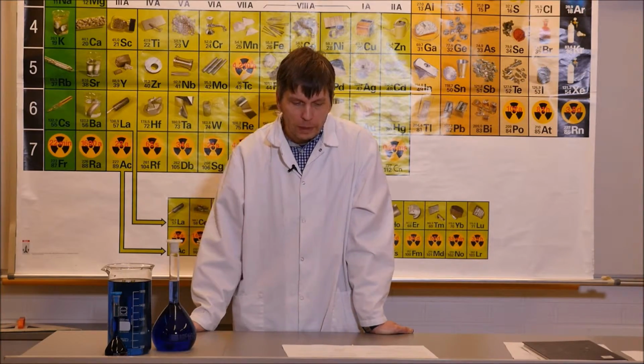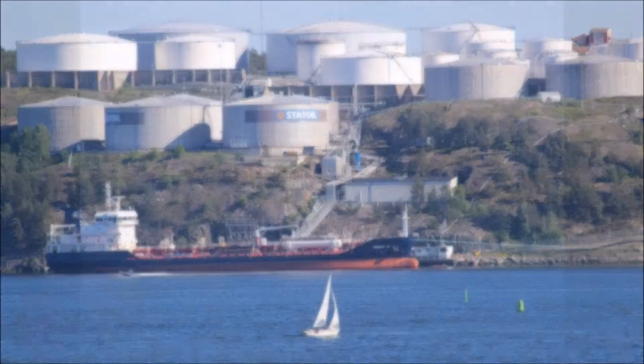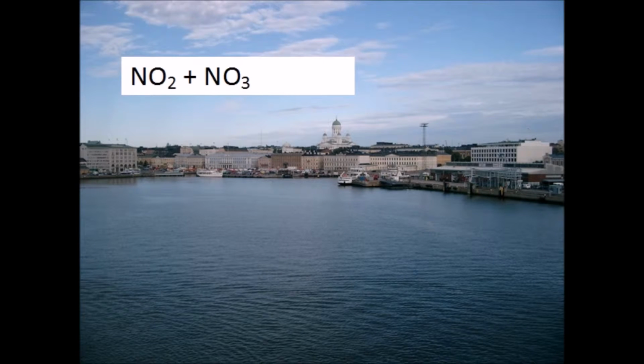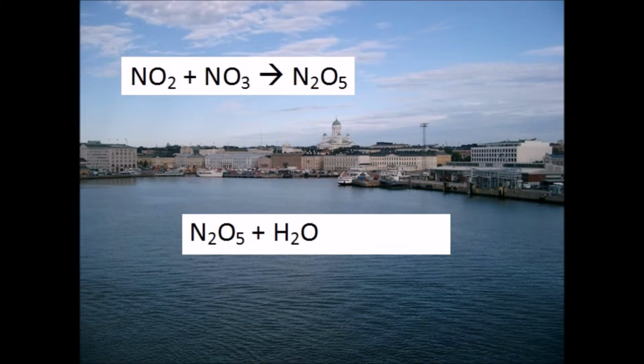Also, nitric acid is formed by complicated ways. One reaction is when nitrogen oxide and nitrogen trioxide react together, yielding N2O5, and when that reacts with water, it yields 2 molecules of nitric acid.